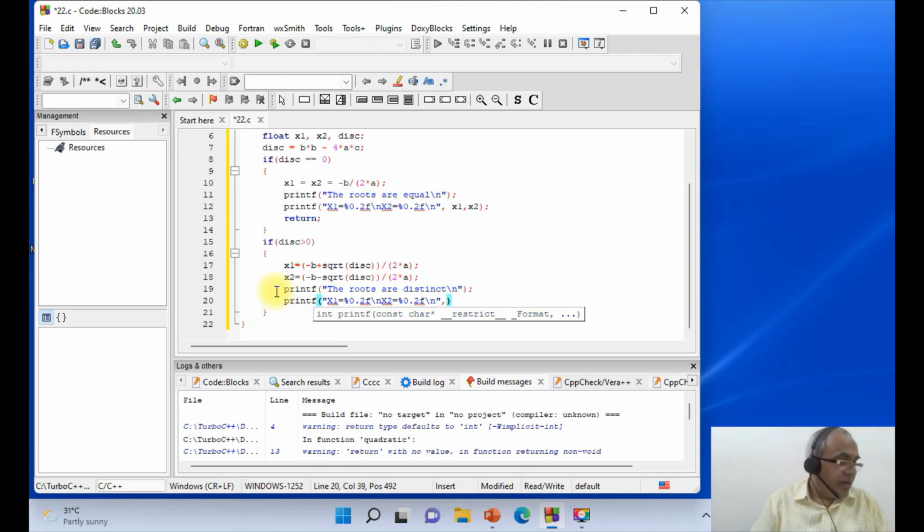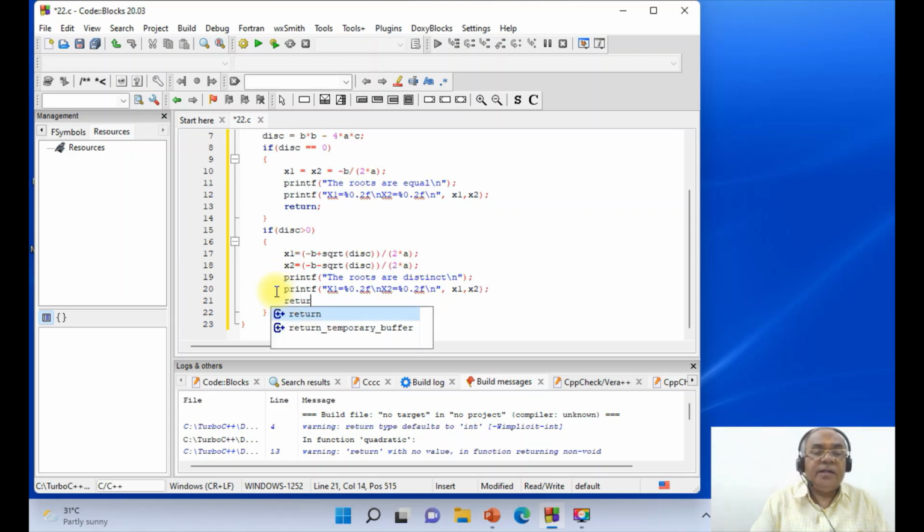Then we have x1, x2. Then you return this value also.